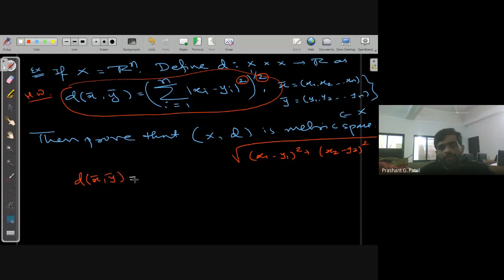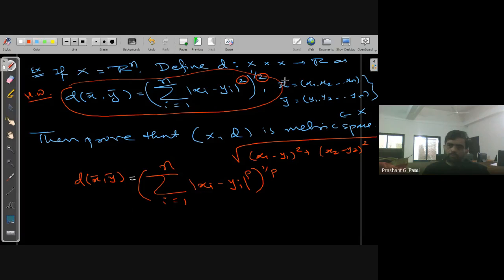So one can generalize this for power p, that is, summation i running from 1 to n, (xi minus yi) raised to p, whole raised to 1 upon p, for every x bar and y bar belonging to X. Okay, this is also homework. I am giving you lots of examples as homework to prove on your own.